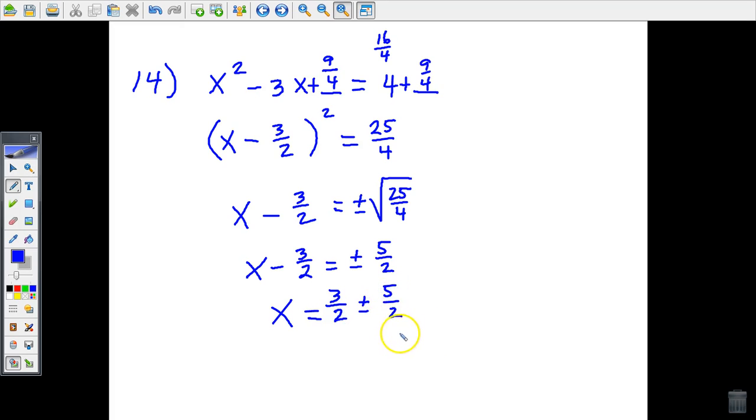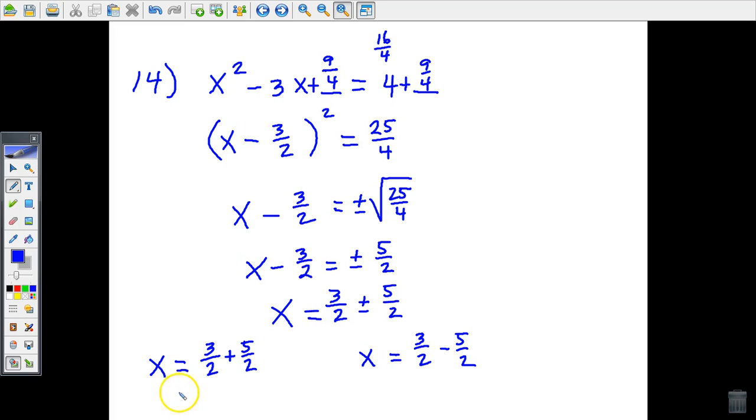All right, and so now, just like I did a minute ago, let's think of our solutions like this. Let's take these fractions added together, 3/2 plus 5/2, and then let's also take them being subtracted, 3/2 minus 5/2.